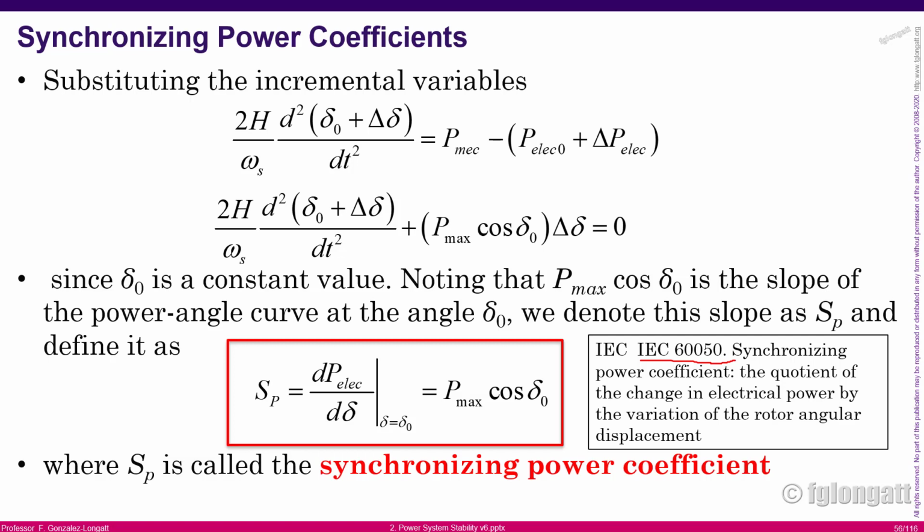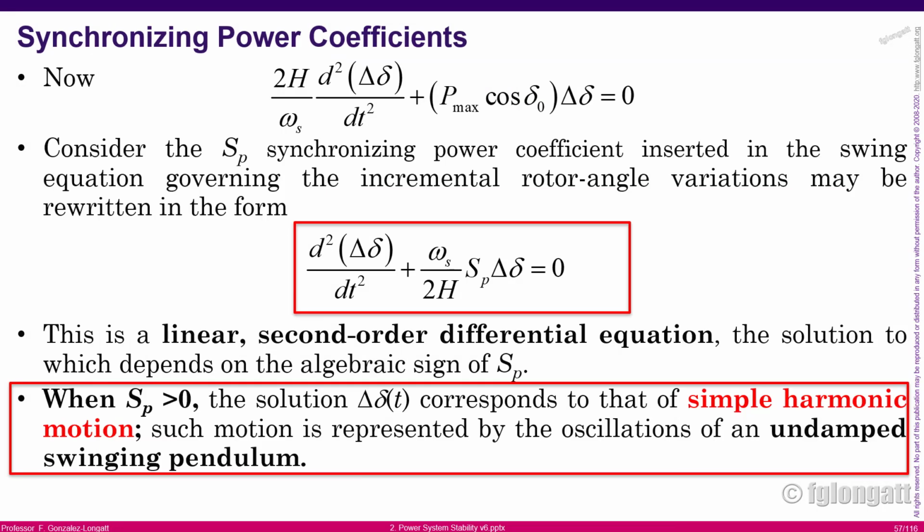This number is extremely important because it's saying if the rotor angle changes, the electrical power changes, and that proportion is represented by the synchronizing coefficient. That is what you need to understand here, okay? And more important, I can use this synchronizing coefficient here, and then I will obtain this equation over there, okay?